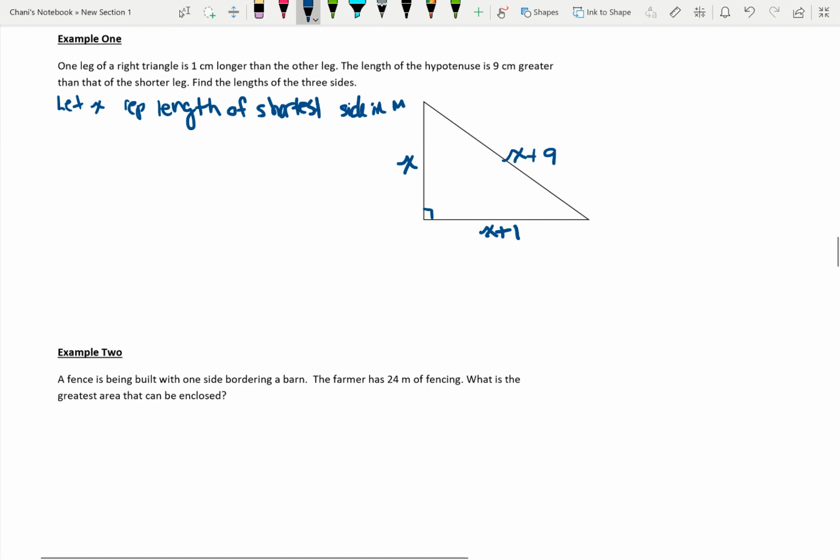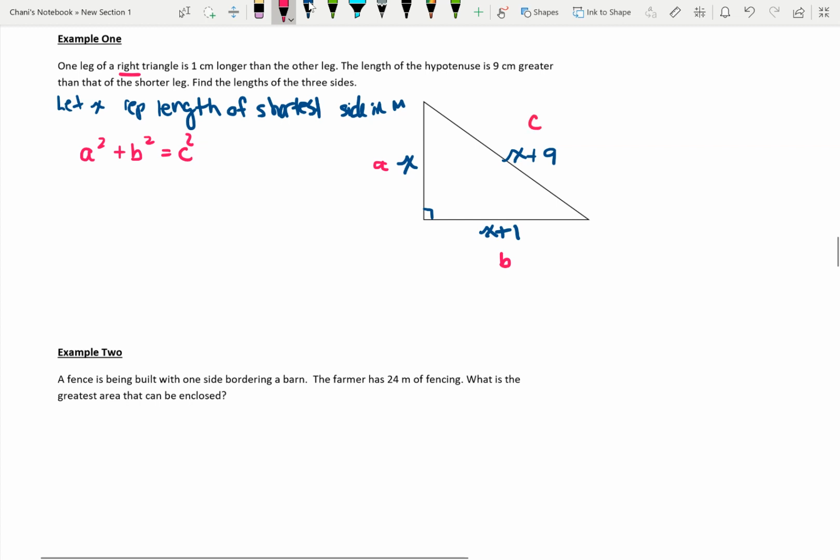So now we have to consider, what relationship do we know for the lengths of the sides in a right angle triangle? There must be a reason why they told us it was a right triangle. Well, in a right triangle, we have the Pythagorean theorem, which is a squared plus b squared equals c squared, where a could be this side, b is this side, and c is the hypotenuse.